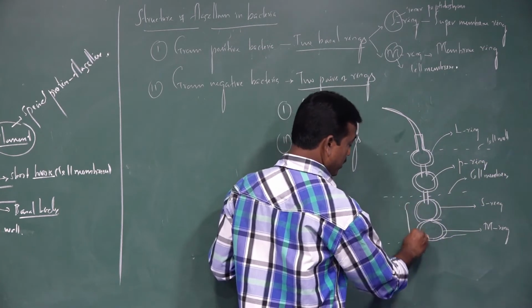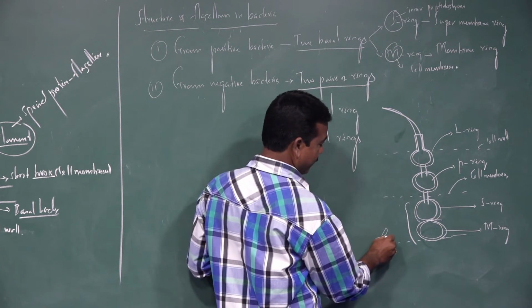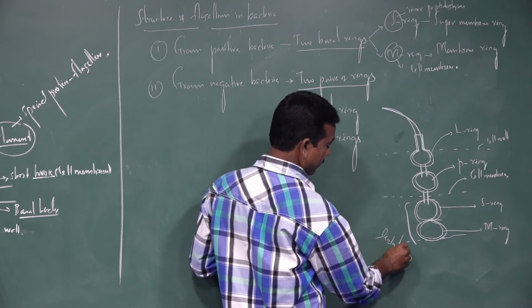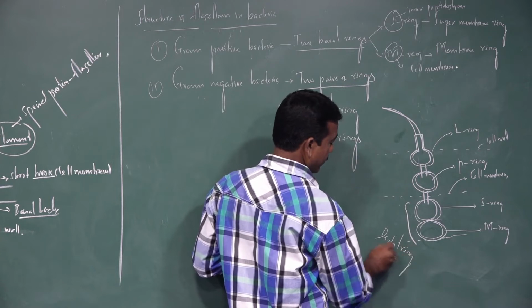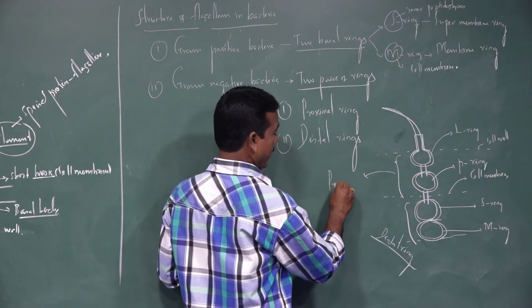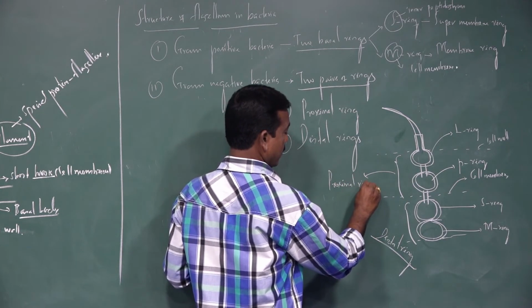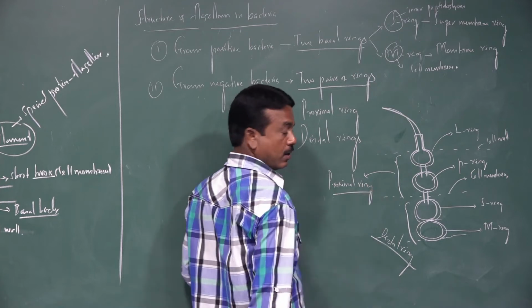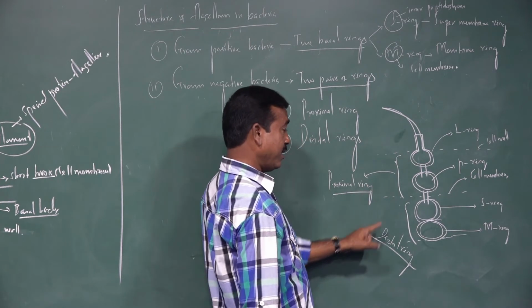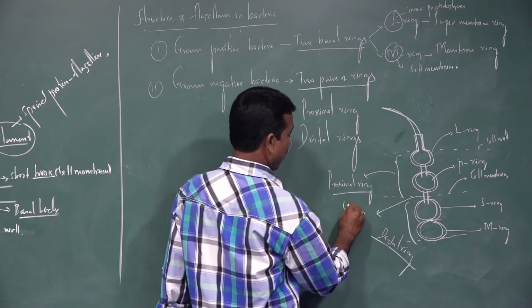These two are called the distal rings, and these two are called the proximal rings. What connects them is commonly called the central rod.